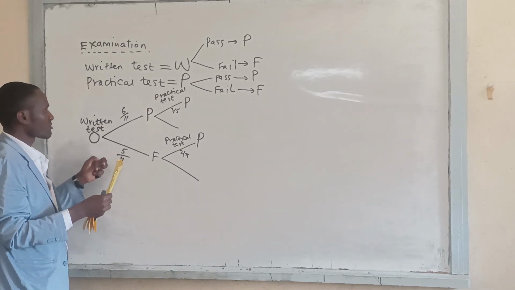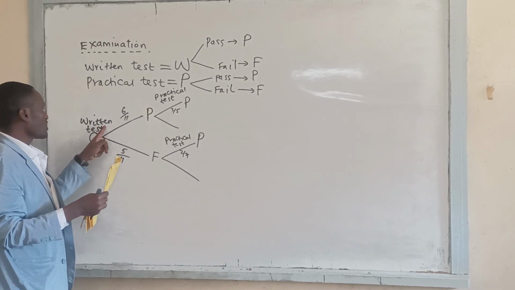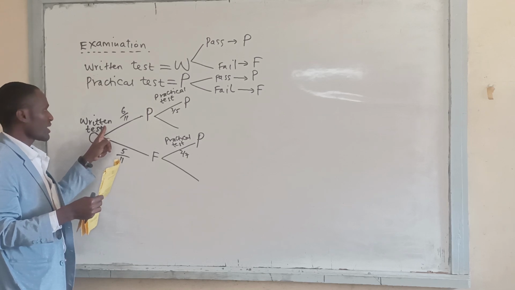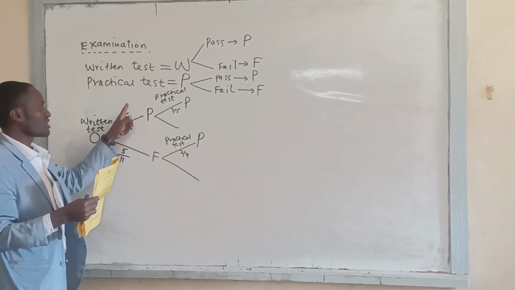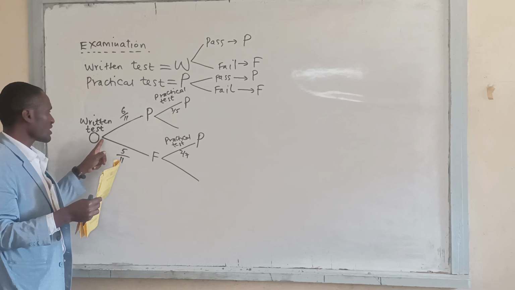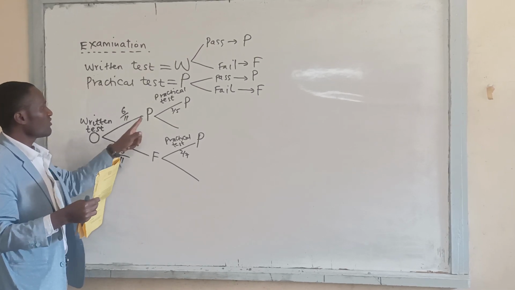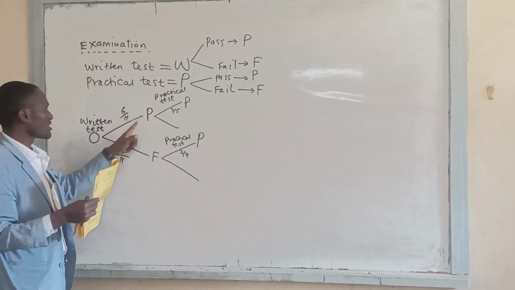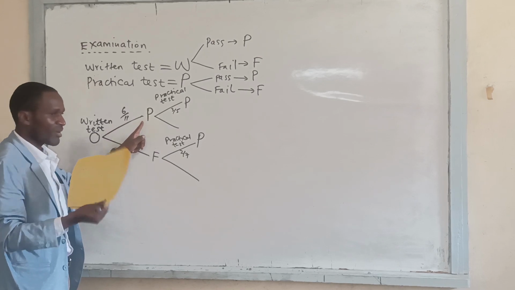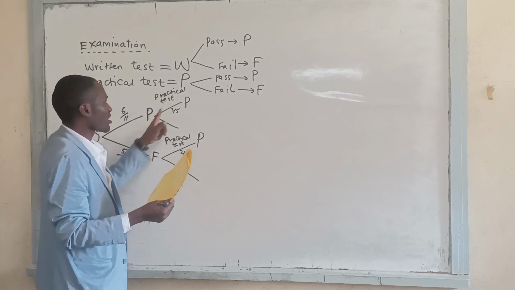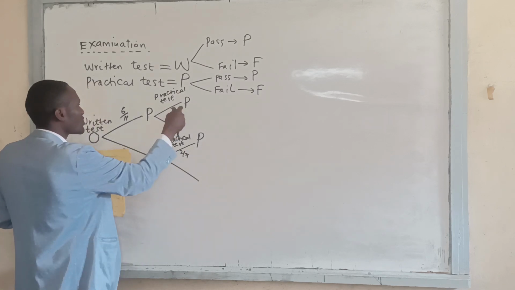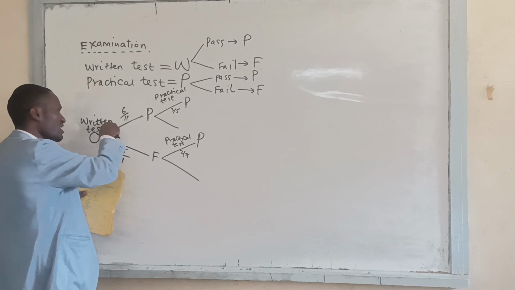I wrote a test which was written, I passed it. The probability is 6 over 11. Failing that written test has a probability of 5 over 11. If I pass the written test, I can also pass the practical test, because the probability of passing the practical test depends on the ability to pass the written test.